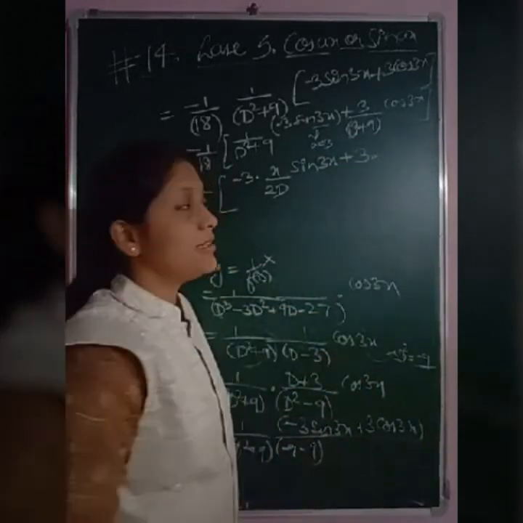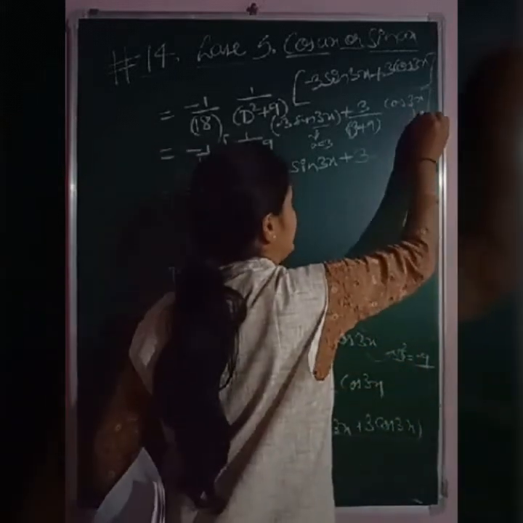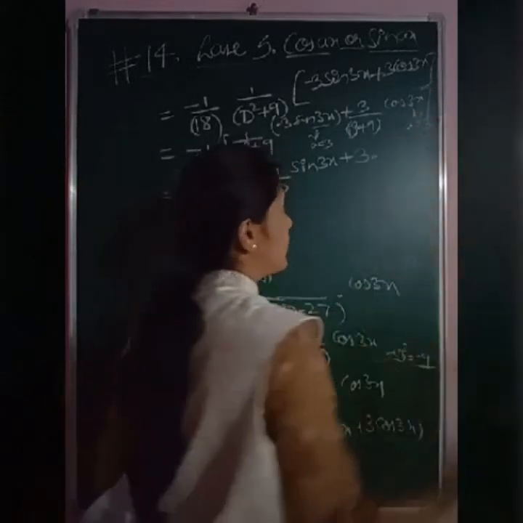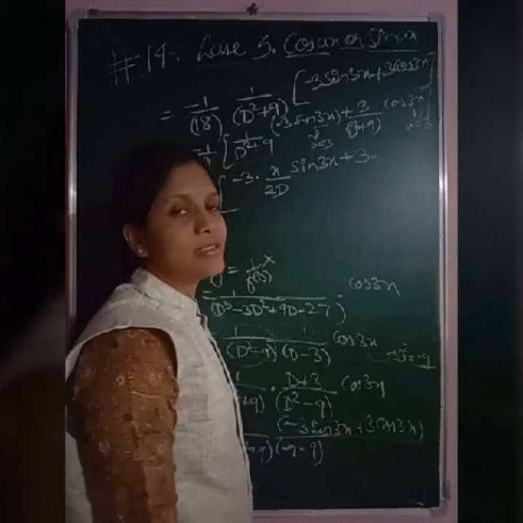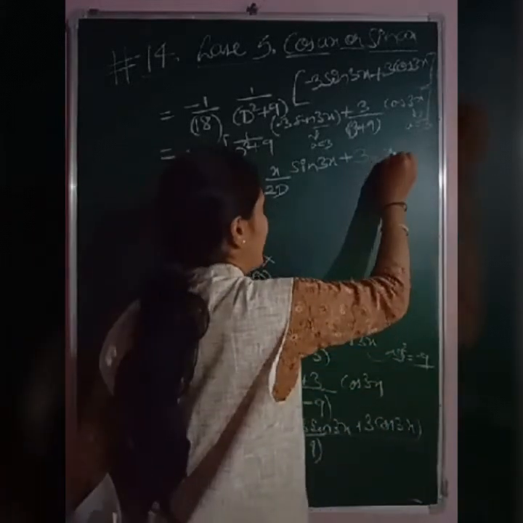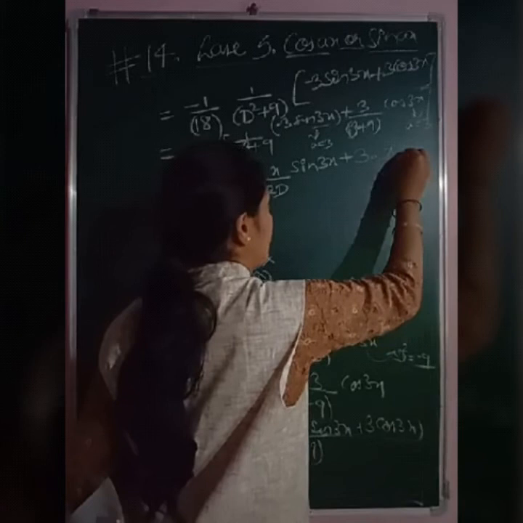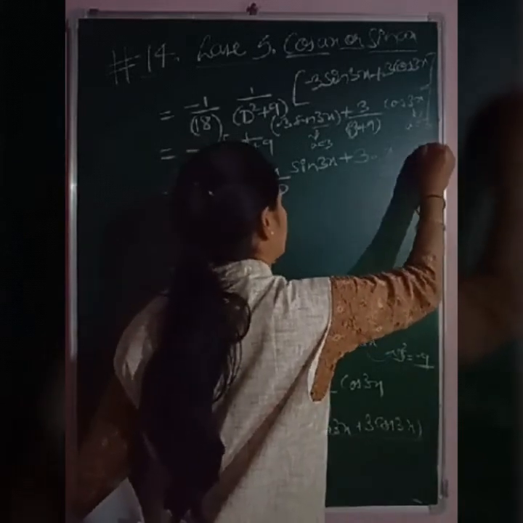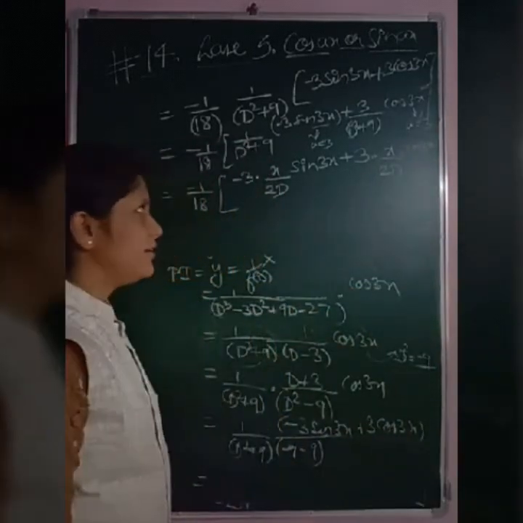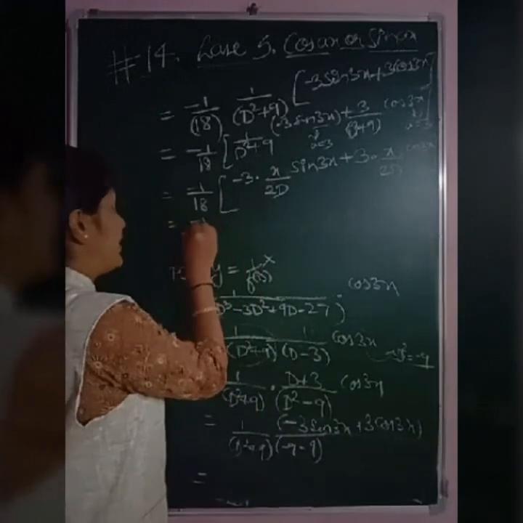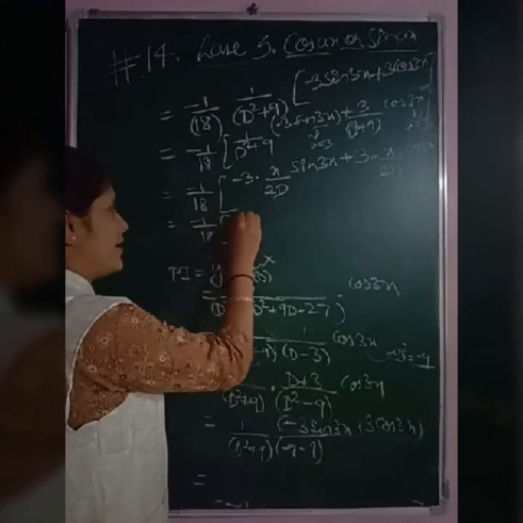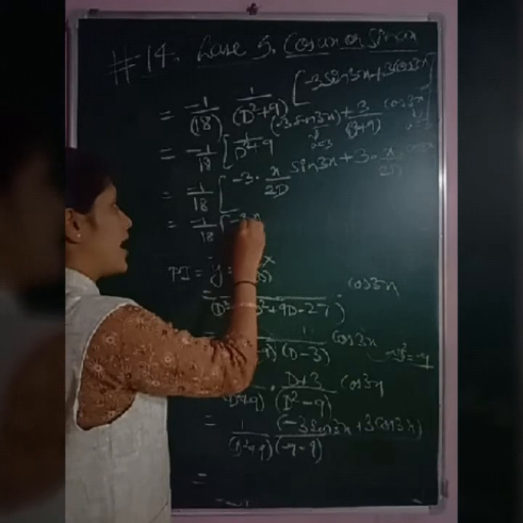Again what is happening? a is 3 itself. So D square equal to minus 9. Minus 9 plus 9, 0 you are getting. So multiply by x, differentiate the denominator, cos 3x. Now, minus 1 by 18 as it is, minus 3x by 2 as it is.